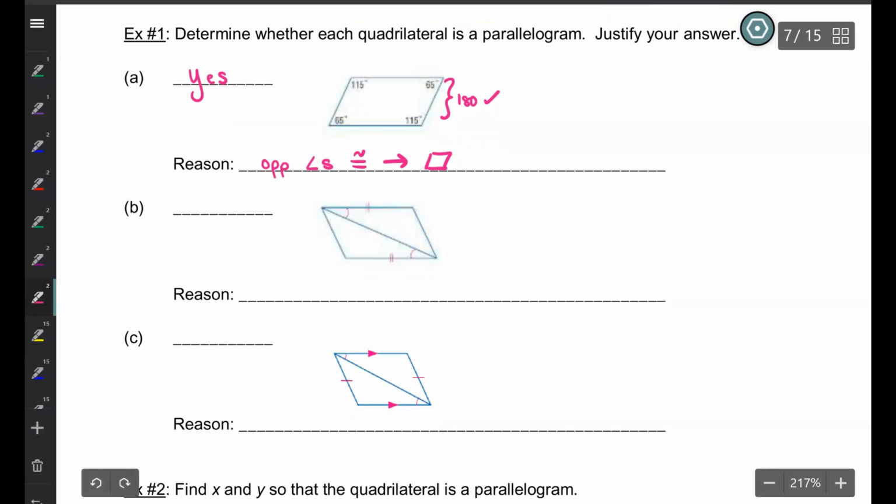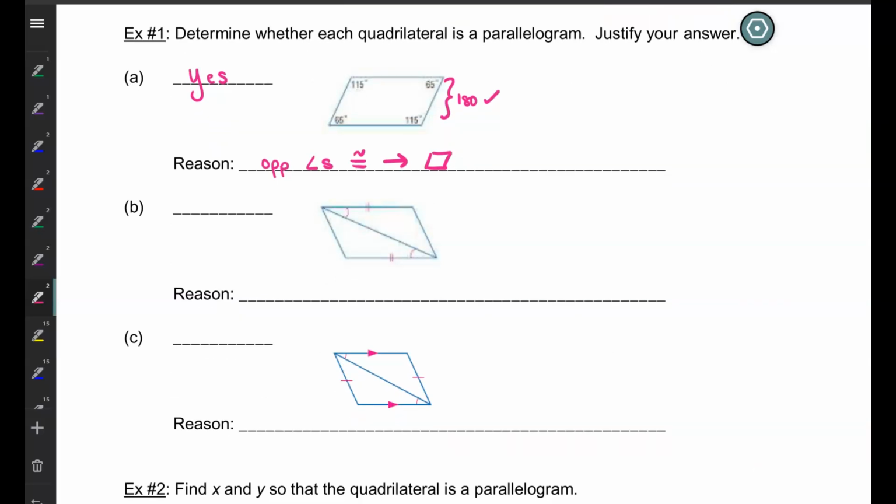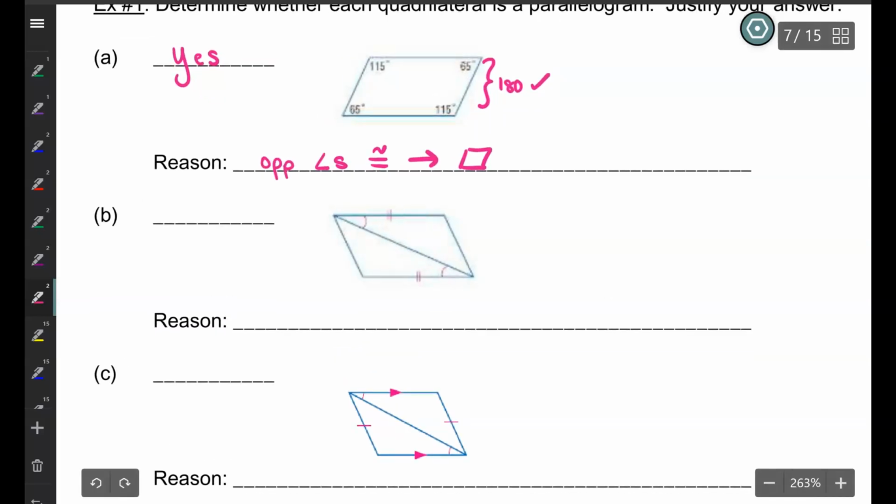All right, next one. We have to determine yes or no. Now in this one, I see that these two sides are marked congruent, but the only other thing is that we have these angles. However, just like when we were proving triangles congruent, these would be considered alternate interior angles, that is going to make these two lines parallel to each other.